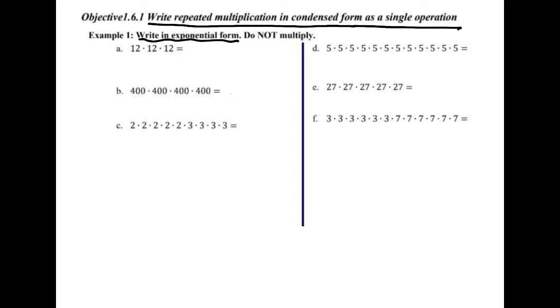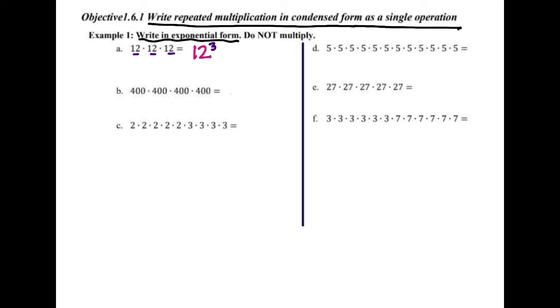So you need to determine the base and the exponent on each one, and that's it. The base is the number that we're multiplying together. So 12 is our base. And how many 12s do we have? 1, 2, 3. So it's 12 to the 3rd power. That's your answer. You don't need to do any more.